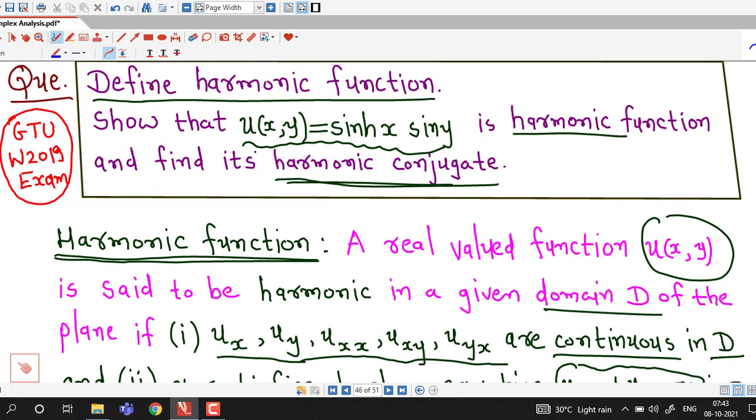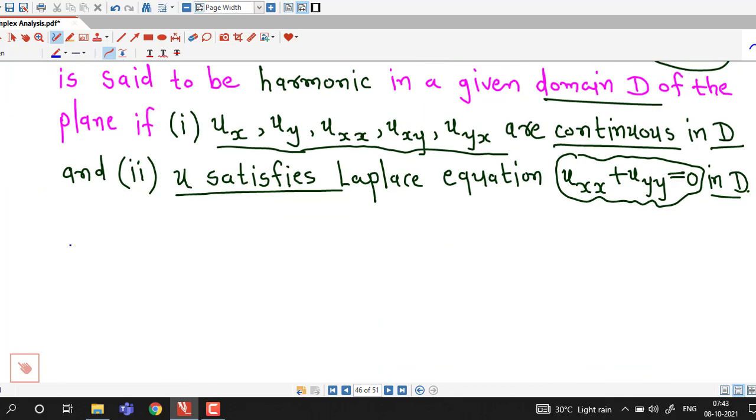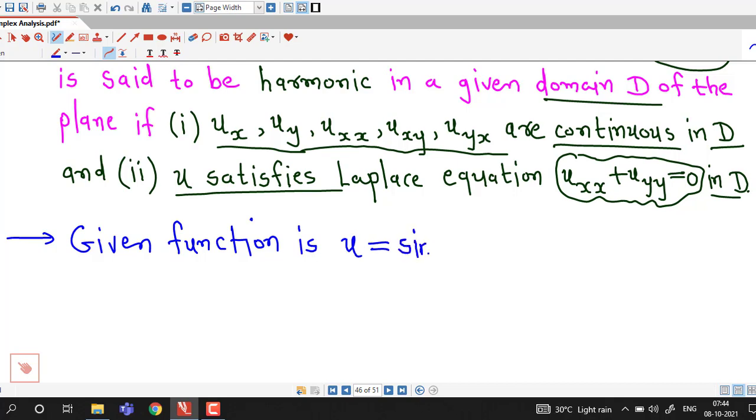So first we show that this function is harmonic. For that we have to find out partial derivatives of given function. So first we write the given function and we find its partial derivatives. Given function is u equal to sine hyperbolic x into sine y.